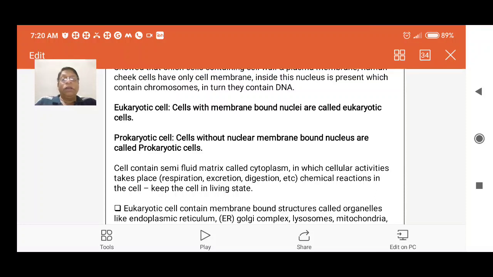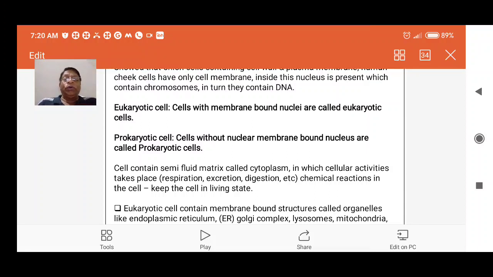One is prokaryotic cell and eukaryotic cell. Very important.